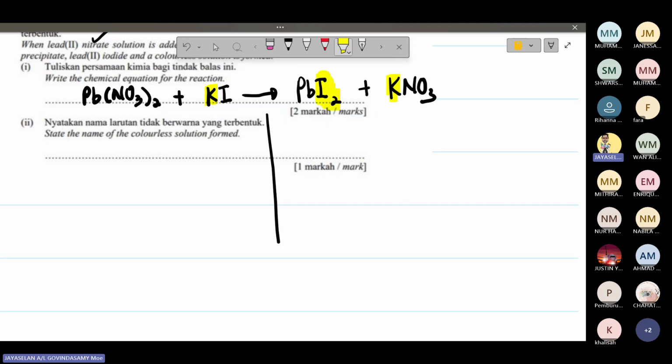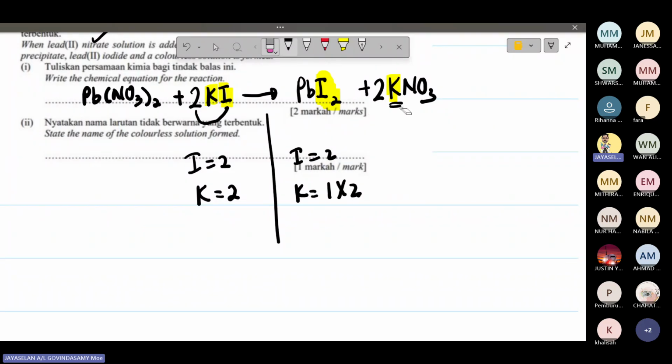Iodide is 2, right? Here iodide 1. So I put in front 2. Here also iodide 2. When I put 2 in front, potassium becomes 2. Here potassium becomes what? 1. So I must times 2. So I times 2 here.